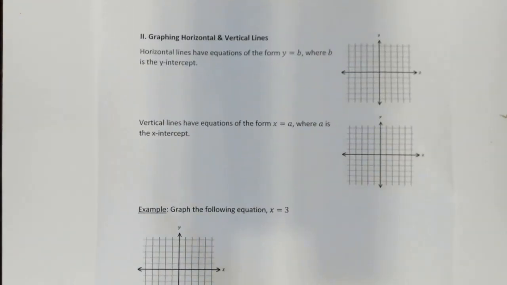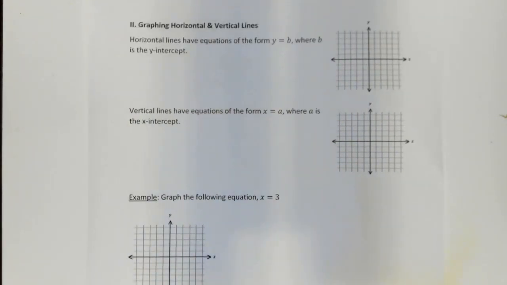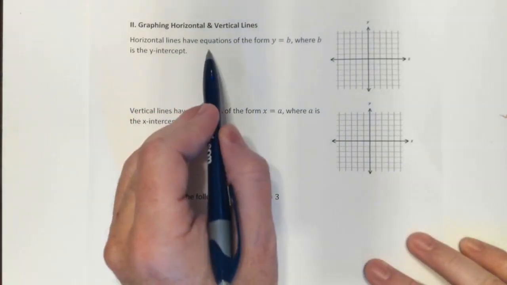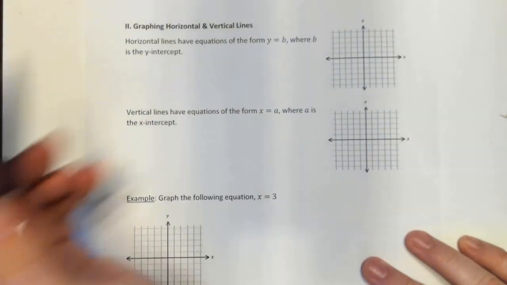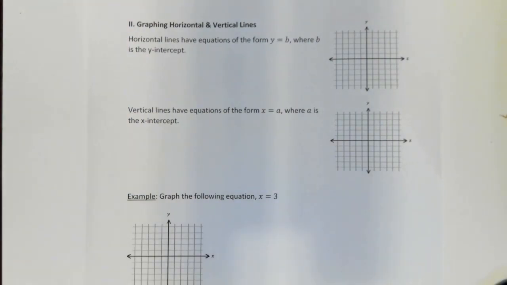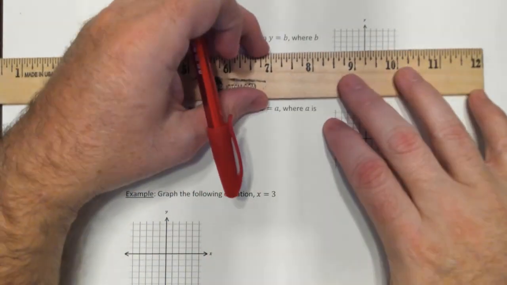We just graphed lines that were not vertical or horizontal, so let's look at some lines that are vertical and horizontal. A horizontal line has the equation of the form y equals b, where b is the y-intercept. So let's draw a horizontal line.